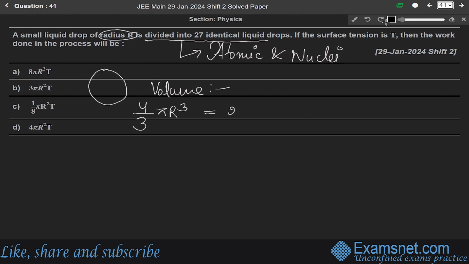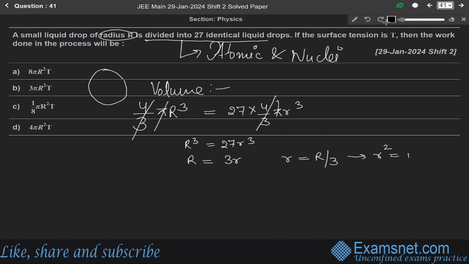It will be equal to 27 into 4 by 3 pi r cube. So 4 by 3 pi cancels out on both sides. So R cube will be equal to 27 r cube. Thus capital R will be equal to 3r, or we can say small r equals R by 3. This implies that r square equals capital R square over 9.